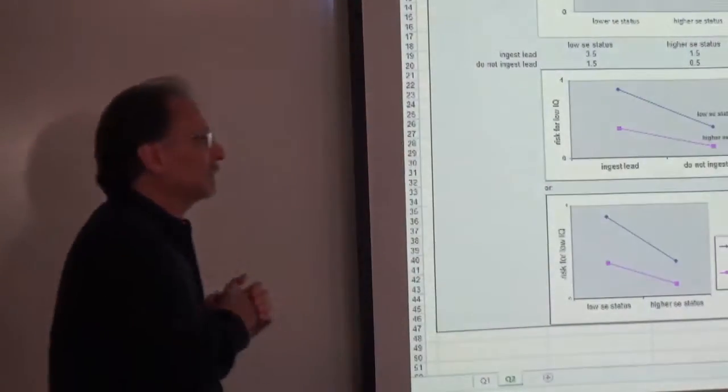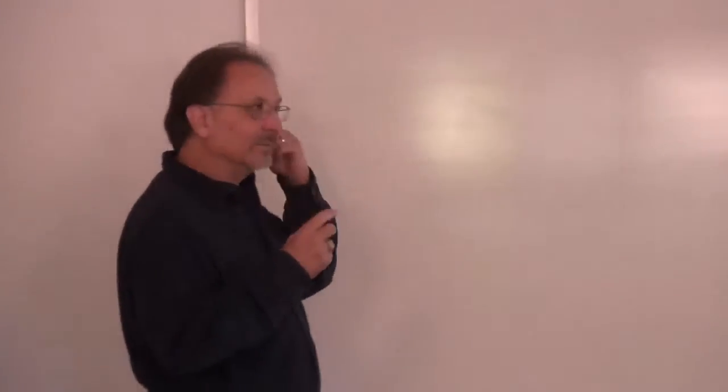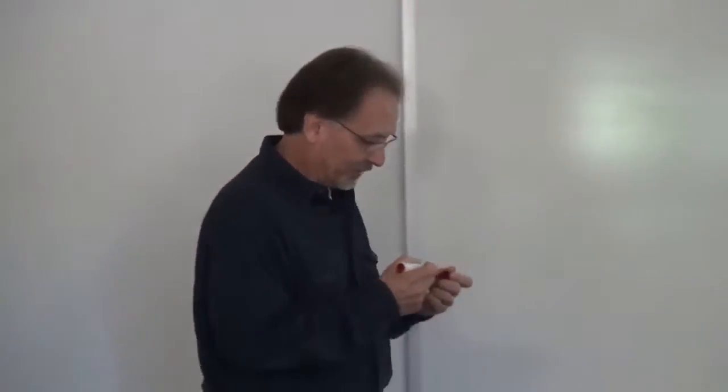Can you give an example for us of a question that would have us draw an antagonistic one? Antagonistic, okay. Well, let me do the one that I talked about last week, with hip fracture. And I don't think I labeled it as such.